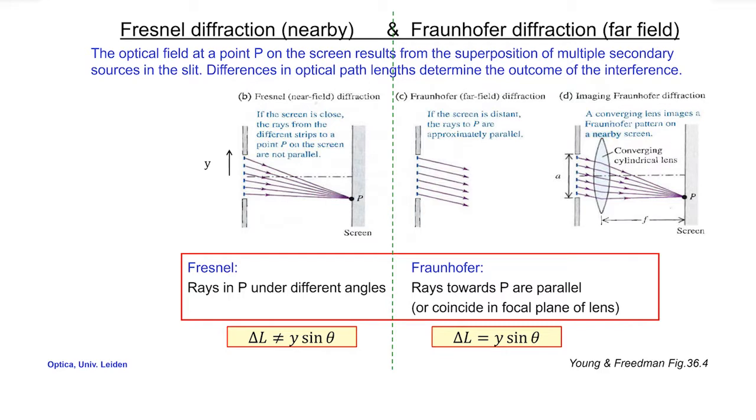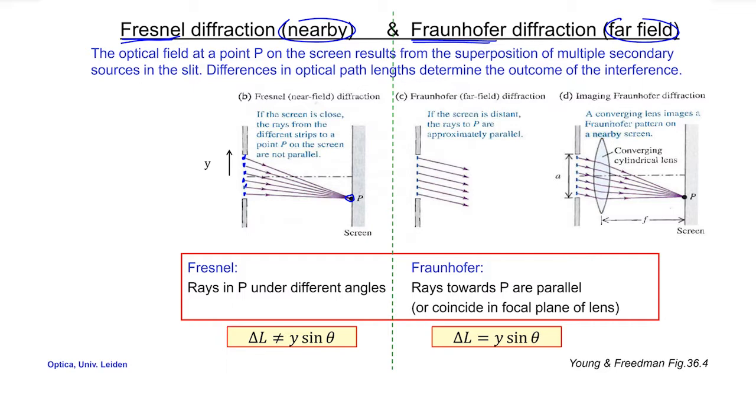This slide shows the mathematical difference between the Fresnel nearby and the Fraunhofer far away regime of diffraction. In both cases, the field at the detection point originates from the interference of a series of secondary Huygens sources within the slit.